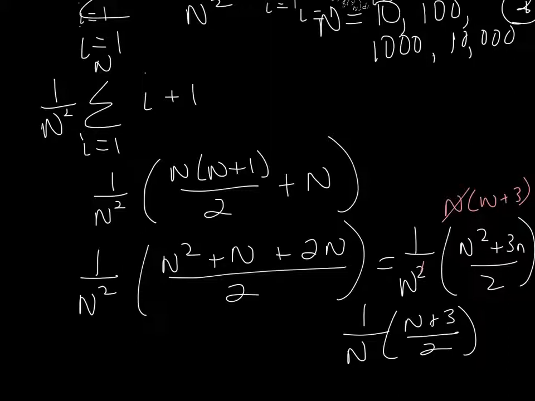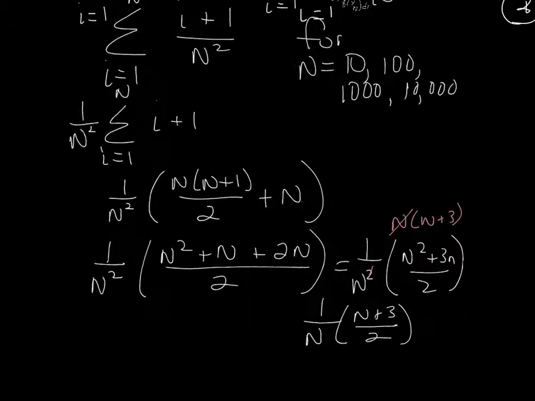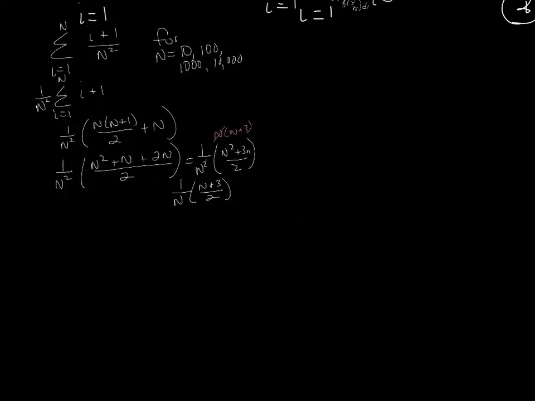Now that's easier to plug in 10, 100, 1,000, and 10,000. So we said it was 1 over 2n times n plus 3.